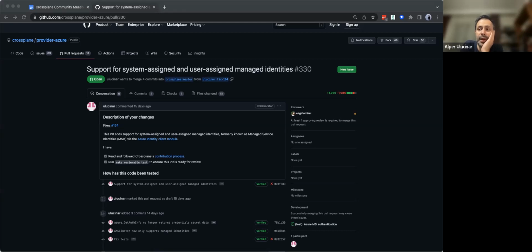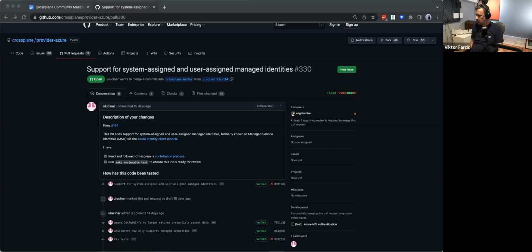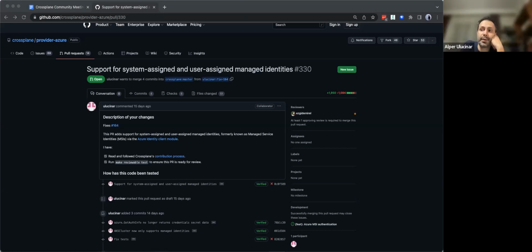So instead of provisioning a service principal, we would like to have Azure use a managed identity for the AKS cluster. So this PR addresses a bunch of open issues, and we will be working on this with Ezgi. She will begin reviewing this PR soon, I hope.